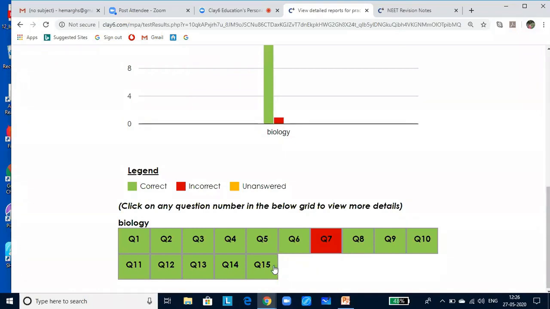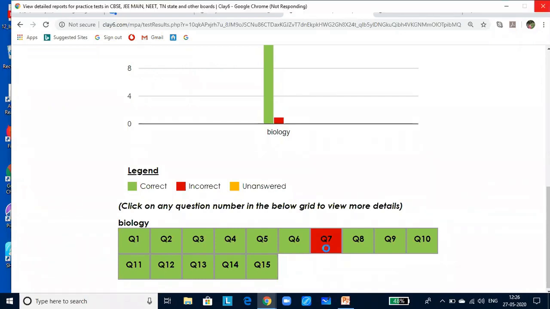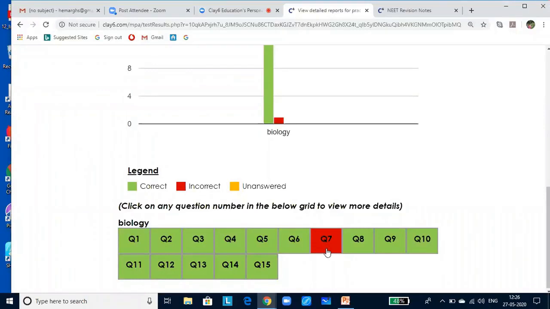For example, if I get 14 fours, I get 56 marks, then I'm going to lose 1 mark from my total.